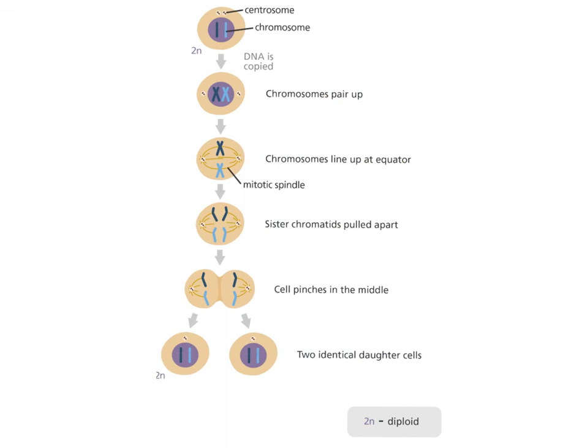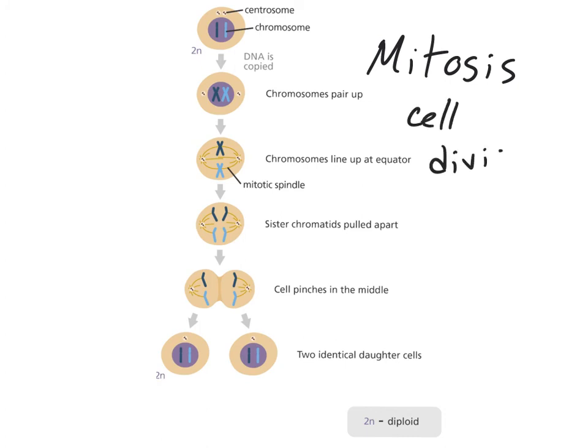And the reason for DNA replication is so that cells can divide. And so you'll see here, this is called mitosis. Now, mitosis is cell division. And in cell division, please notice that the DNA is copied.